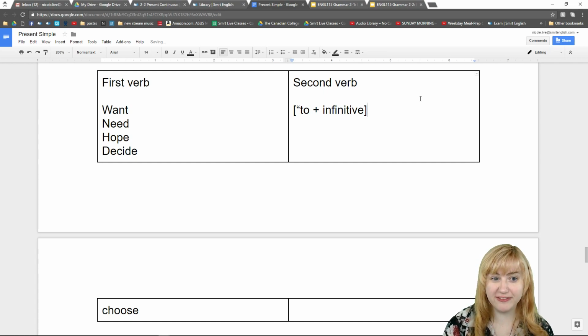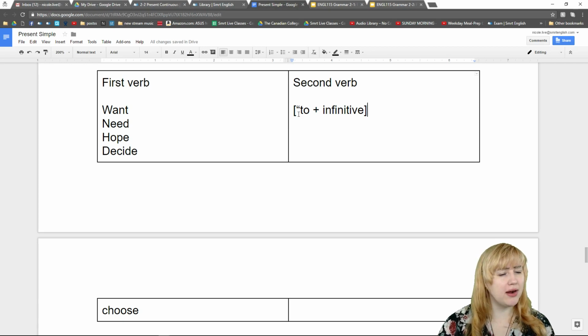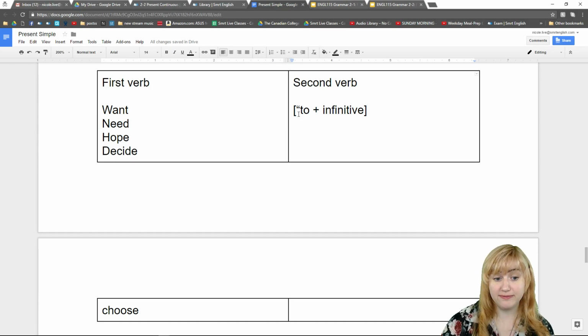There we go, to infinitive. And the to is not a preposition. It's just part of the verb. And it's just what happens when you put these two full verbs together. The second one changes to a to infinitive.